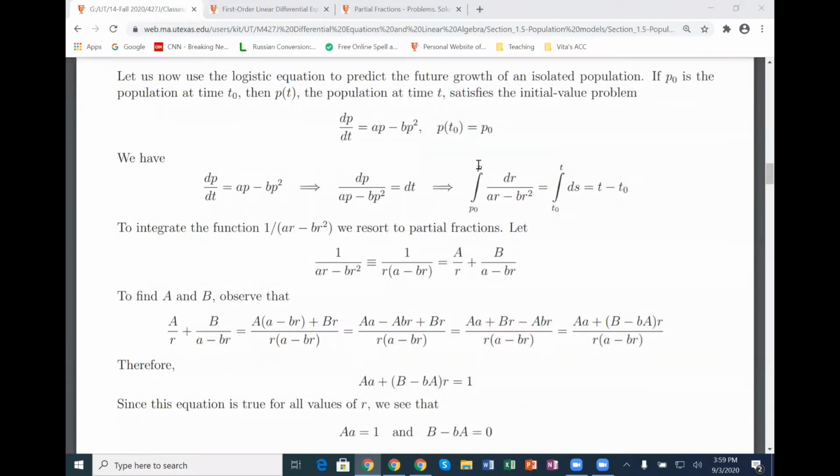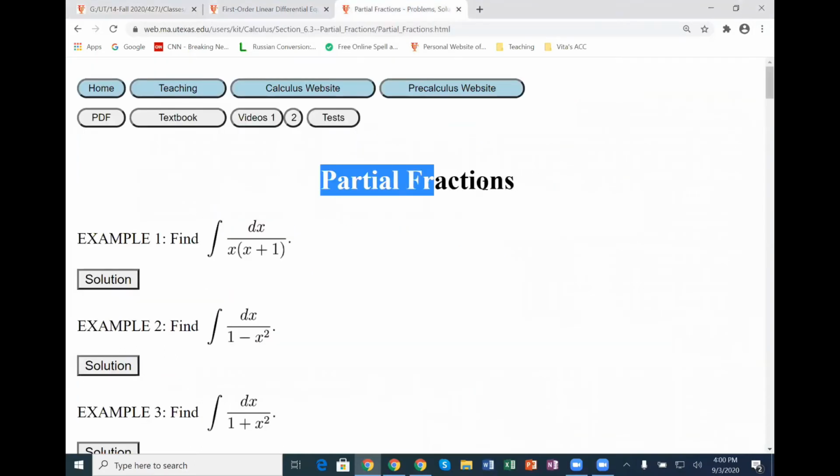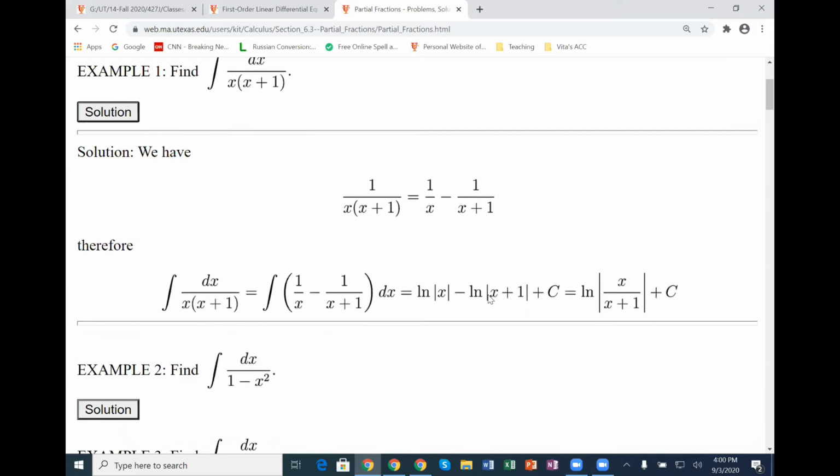So how do we find this integral? Folks, the method is called partial fractions. We go back to my Calculus 1 website. Here is this topic. Please take a look first at this intra-level example number 1. Find this integral. Here's what we do.